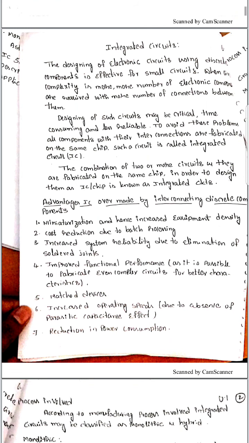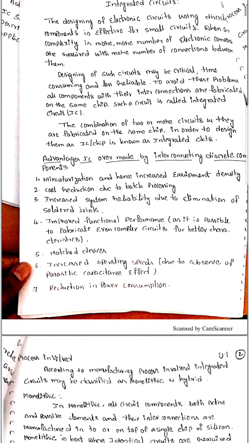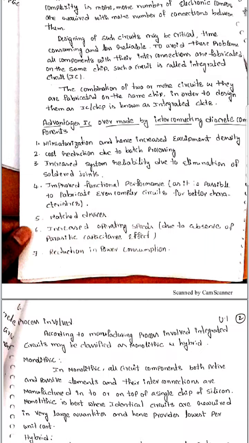To avoid these problems, all components with their interconnections are fabricated on the same chip. Such a circuit is called an integrated circuit, that is, an IC. The combination of two or more circuits fabricated on the same chip, designed as an IC or chip, is known as an integrated circuit.